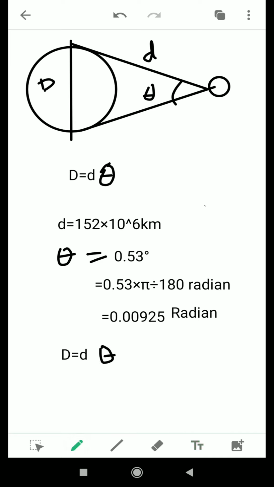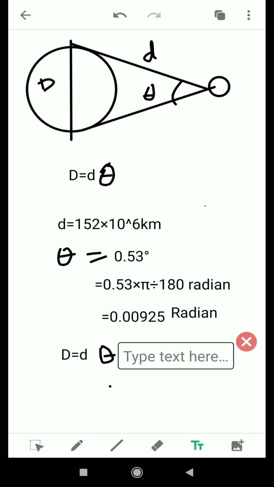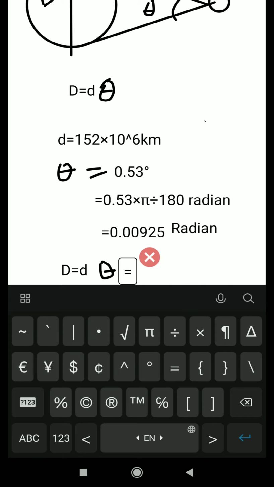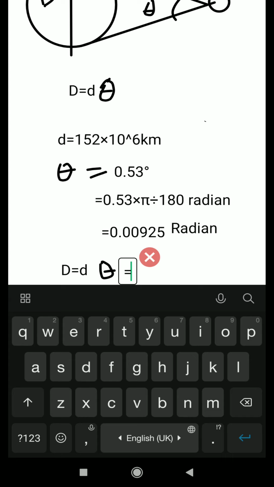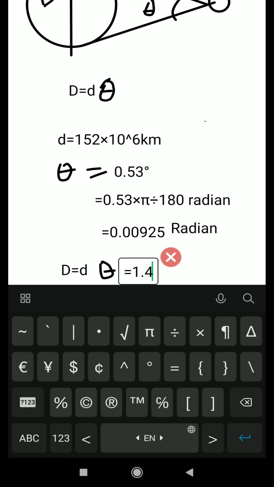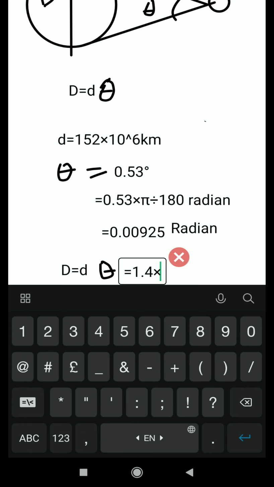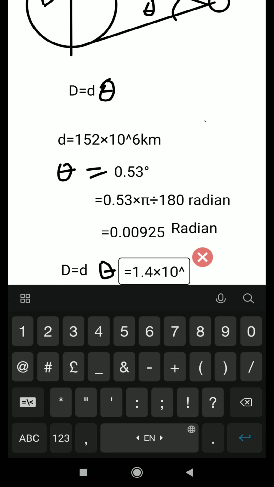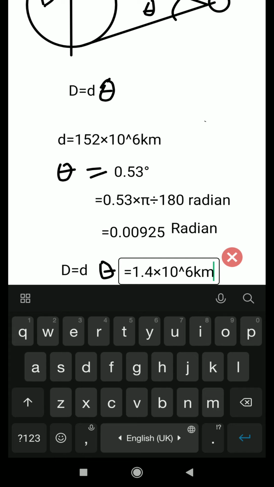If we put these values, 152 into 10 to the power 6 into 0.00925, we find the result, that is 1.4 into 10 to the power 6 kilometer.